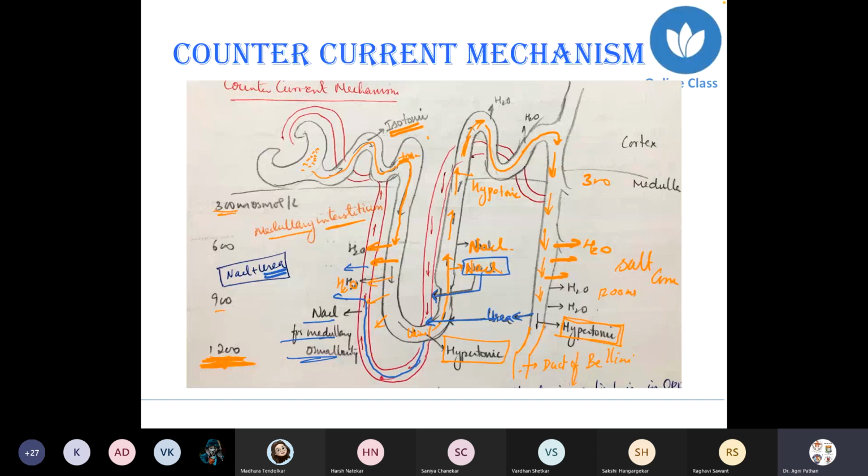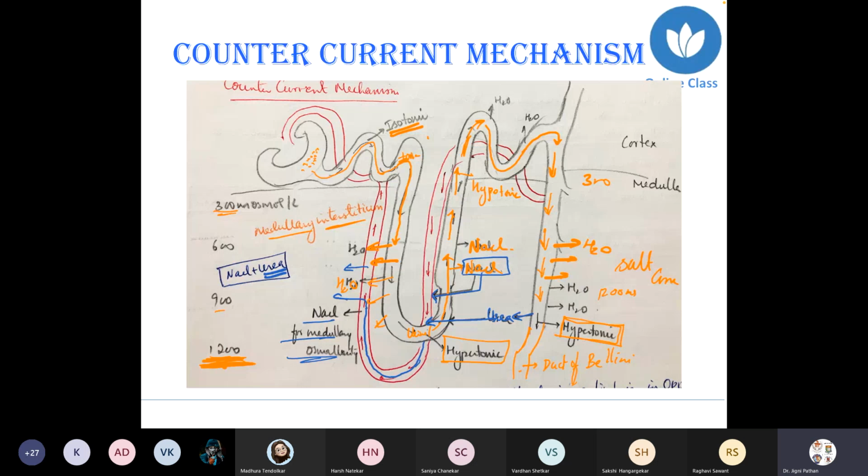Okay. The filtrate that is formed in the Bowman's capsule is moving into the PCT. In the PCT, the tonicity outside in the cortex and the filtrate is the same, so it is said to be isotonic. As the filtrate is moving downwards through the descending loop of Henle, the tonicity increases outside from 300 to 1200 milliosmol per liter.